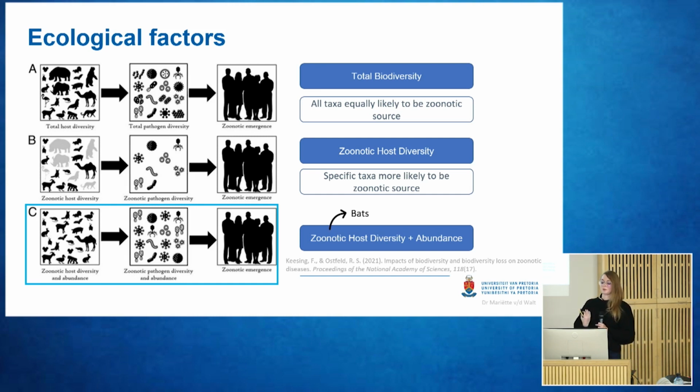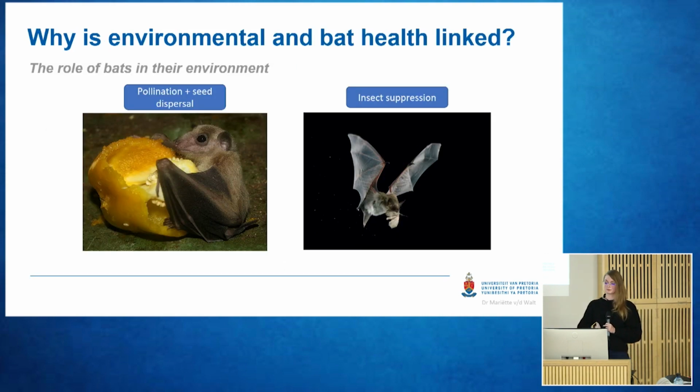So I will now be talking about how we affect the bats rather than focusing on the zoonotic side of things. Bats play really important roles in the environment, where your fruit bats are involved in pollination and seed dispersal, and your insectivorous bats are involved in pest insect suppression.